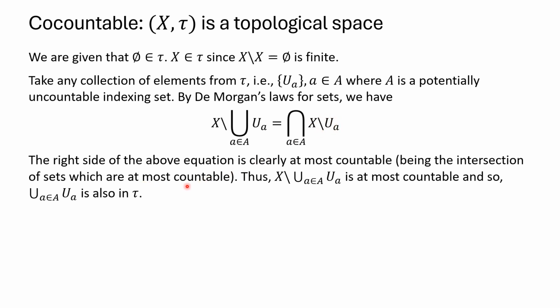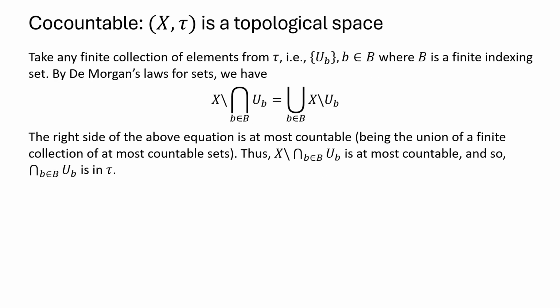So when you intersect, you get something smaller. So the right side is at most countable, which means that the complement of the union of these U sub alpha's is at most countable, which means that the union of the U sub alpha's is also in our topology tau.